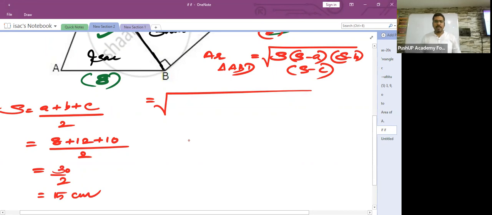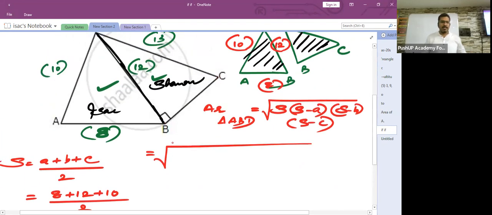What were the values of A, B, and C? I'll once again write: A is equal to 8, B is equal to 12, and C is equal to 10. Let's start substituting the values, everyone.